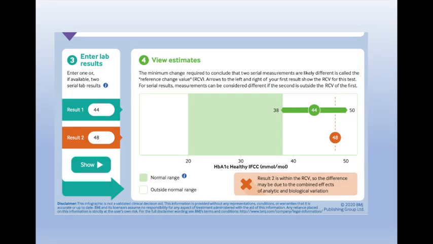If we apply the reference change value to 44, we find that the range is from 38 to 50 millimoles per mole. This means that the value of 48 is within the reference change value.